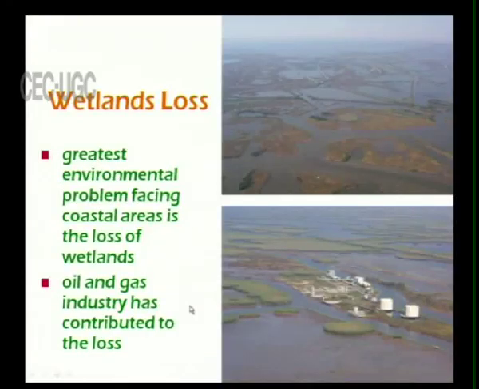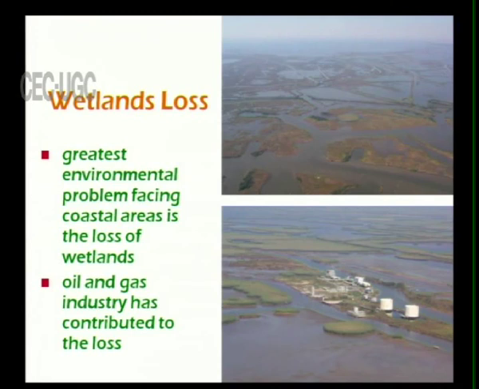And therefore the same oil which is considered a wealth sometimes causes severe problems like war and sabotage. Beyond that, there is wetland loss also. The greatest environmental problem facing the coastal area is the loss of wetland, and the oil and gas industry has contributed to this loss.